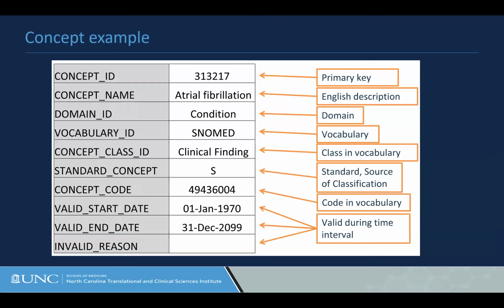So what does a concept look like? This is an example of one OMOP concept along with the metadata that would exist with it in the concept table. So here, this is an example of a diagnosis of atrial fibrillation.